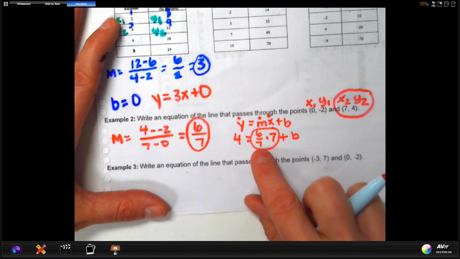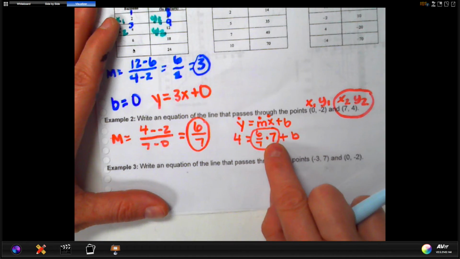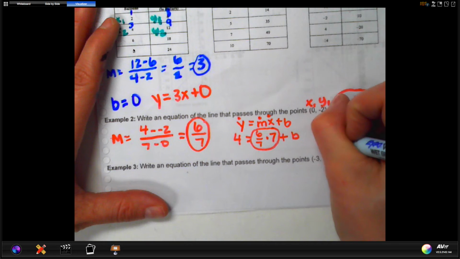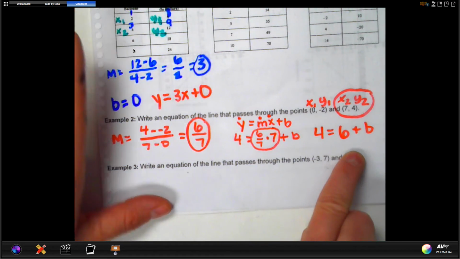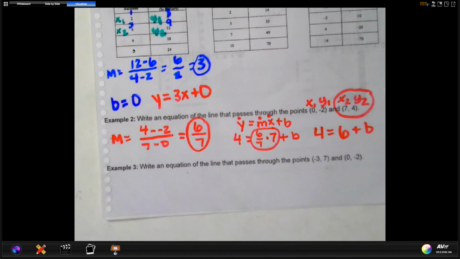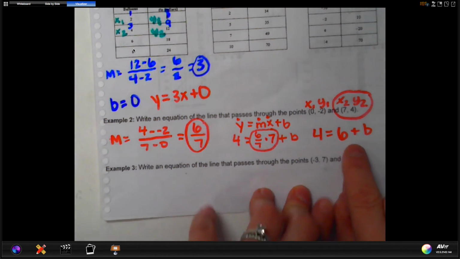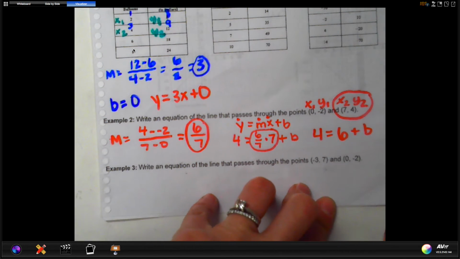Notice that the denominator and the whole number we're multiplying are the same. So we really have 4 equals 6 plus b. Now, you can solve this algebraically, or you can ask yourself, 6 plus what number would give me 4?